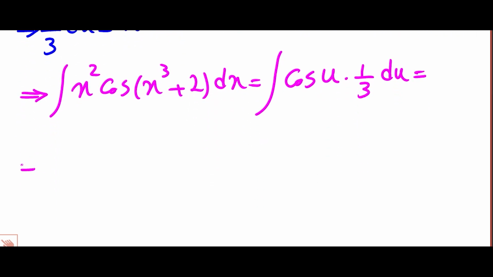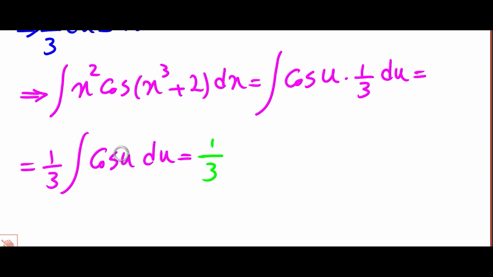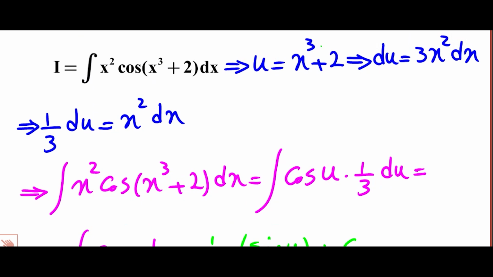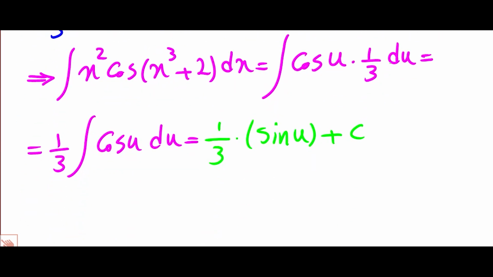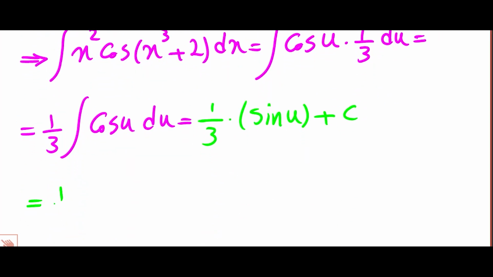So we have 1 over 3 the integral of cosine of u du. And as you know, the integral of cosine of u du equals sine of u plus c, and u is x cubed plus 2. So final answer is 1 over 3 sine of x cubed plus 2 plus c.